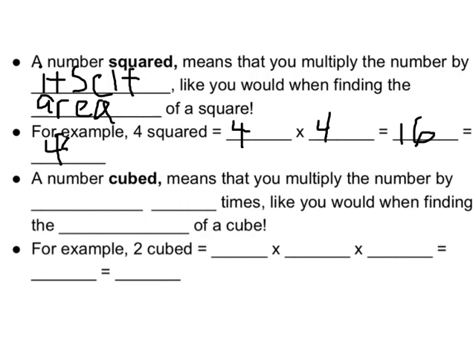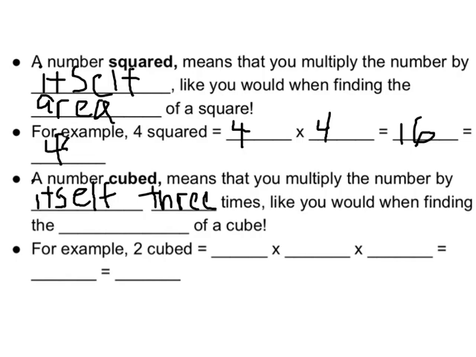Next, a number cubed means that you multiply the number by itself. We're still multiplying that same number by itself, but how many times are we doing it with cubed? Yeah, we're doing it 3 times. Like you would when finding the what of a cube. Why do you have to cube a number?